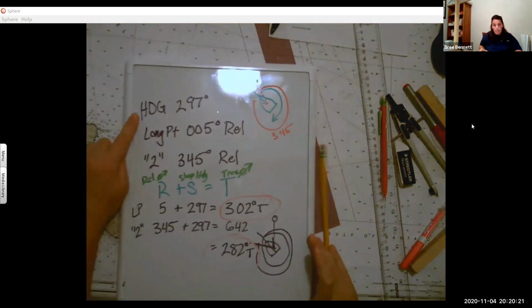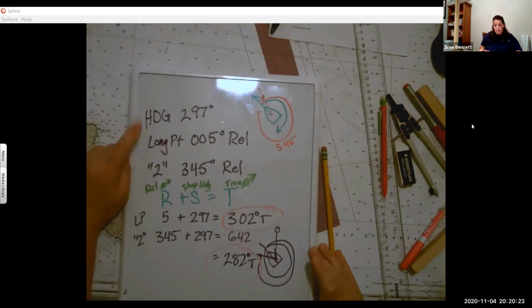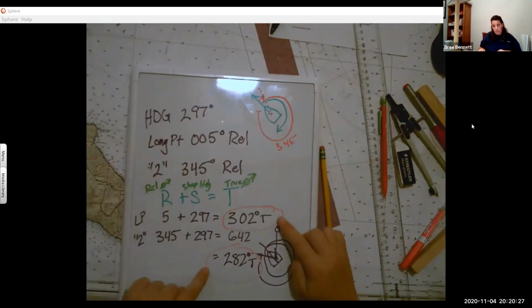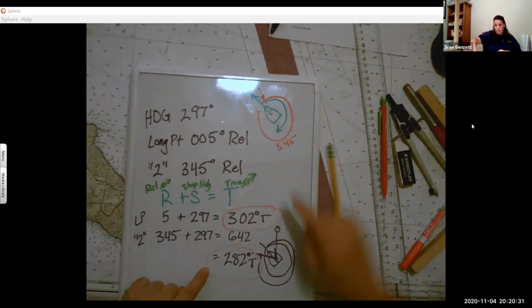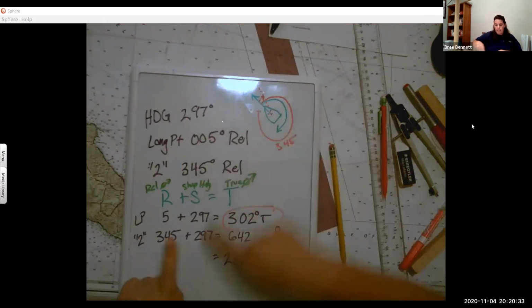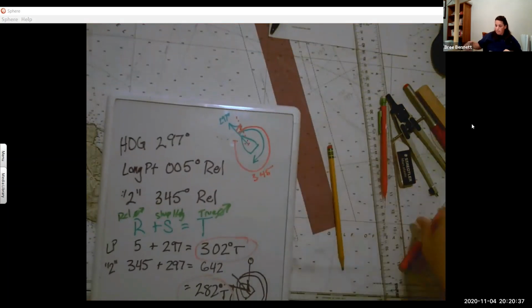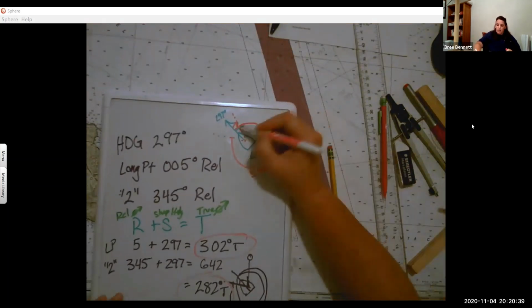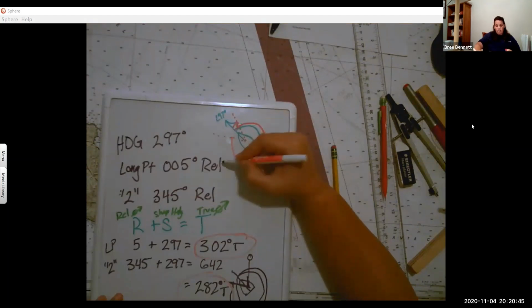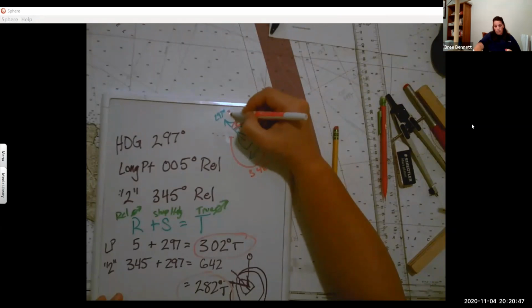from my heading, I converted my two relative bearings to true bearings so I can plot them. So it was R plus S equals T, but even if we didn't do that math formula, we can visualize it. If it was off my starboard bow by 5 degrees, it would be 302.